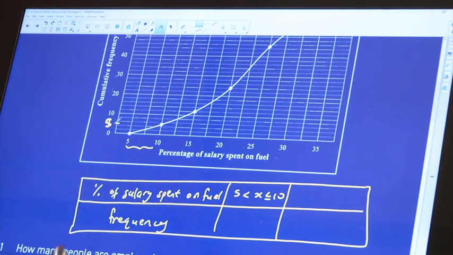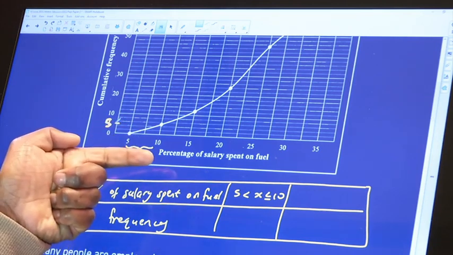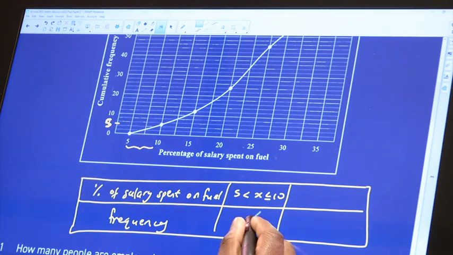It will have a value of 5. So that means we have 5 people. The jump from a y value of 0 to the next y value at that second dot is giving us a value of 5. So there are 5 people that spend between 5 and 10% of their salary on fuel.